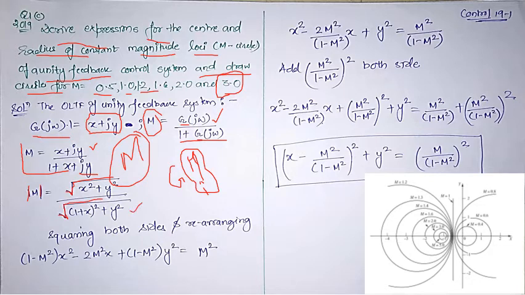Squaring both the sides and rearranging the terms, you will end up with (1 minus M square) into x square minus 2M square x plus (1 minus M square) into y square equals M square. So please understand what we are looking for. The name of the question or the method itself is M circle.